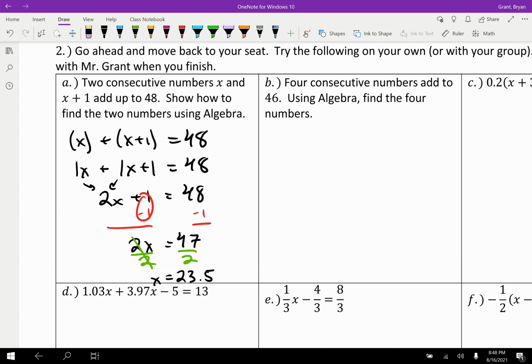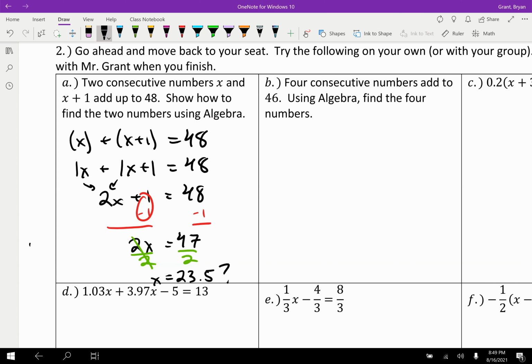And so what that means is that there aren't two consecutive numbers that add up to 48. 23 plus 24 is really close, but that's 47. 24 and 25 adds up to 49. Two consecutive numbers will always add up to an odd number. This is even. So we did a problem where the setup was good, but the answer didn't make sense.